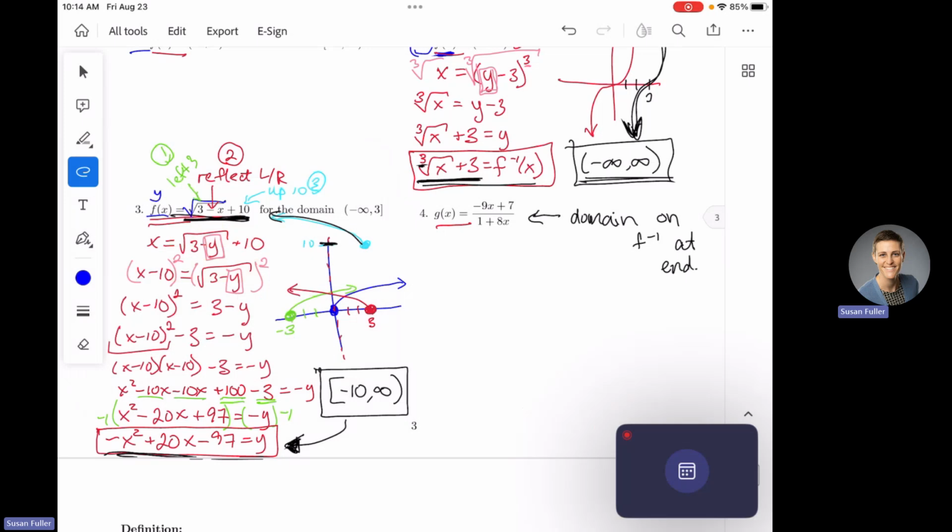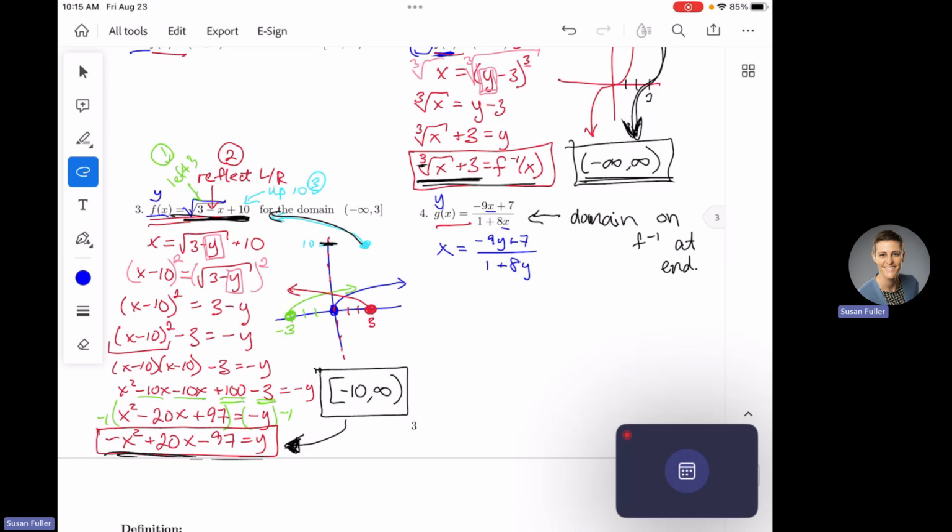Okay, so that being said, before we do the domain of my inverse, I have to find my inverse function. So I'm going to call this y, and then I'm going to switch x and y to find my inverse function. Y becomes x, and x becomes y everywhere I see it. So I have an x here and an x here. Both of them become y's.